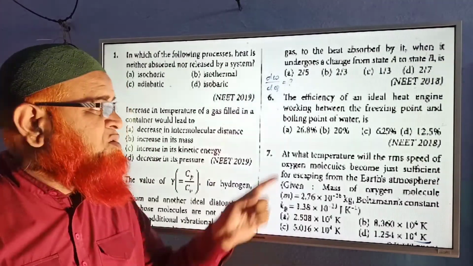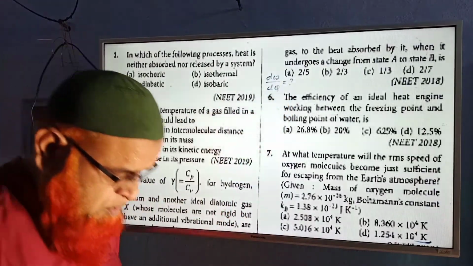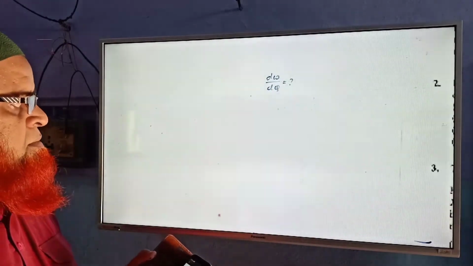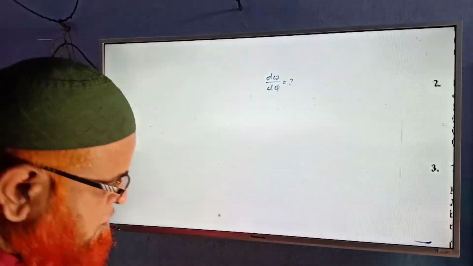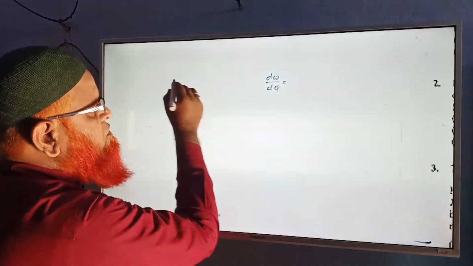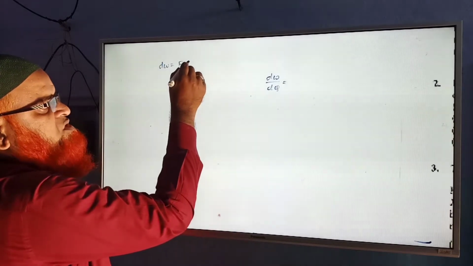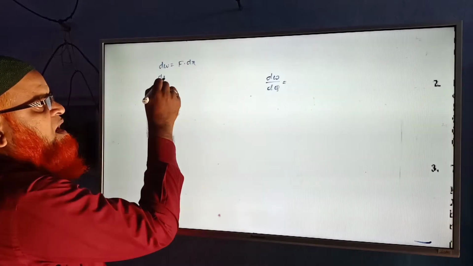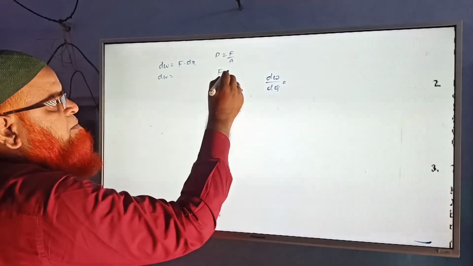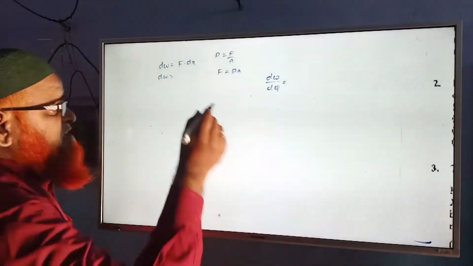How are you going to find this dW by dQ? I'll tell you a small technique for this. Okay, so let us solve this problem. We should first find out what dW is. You know dW is nothing but force into displacement, and you know pressure is equal to force by area, so force is equal to pressure into area.